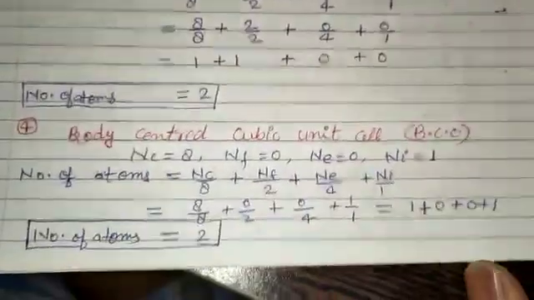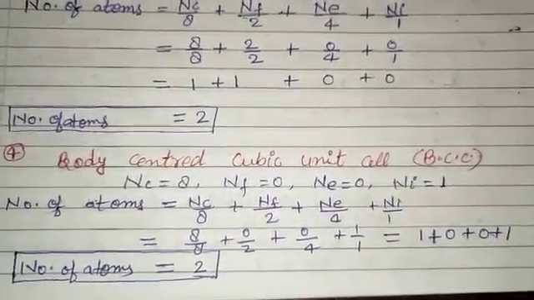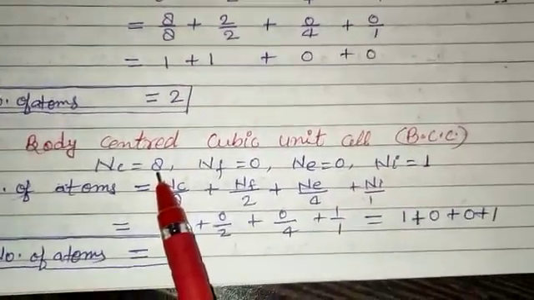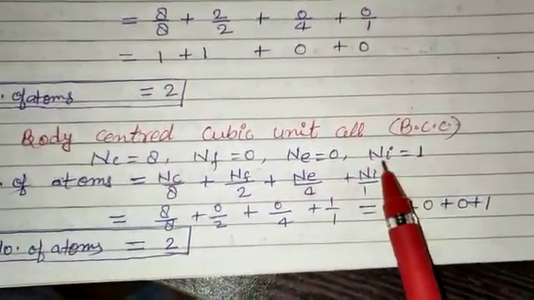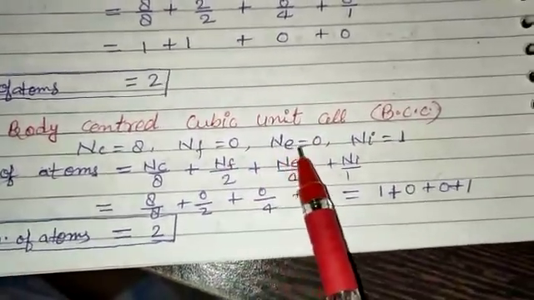Okay, in the case of the body centered unit cell, 8 particles are present at the corner and 1 particle is present inside the cell, and there are no particles at the faces and edges.